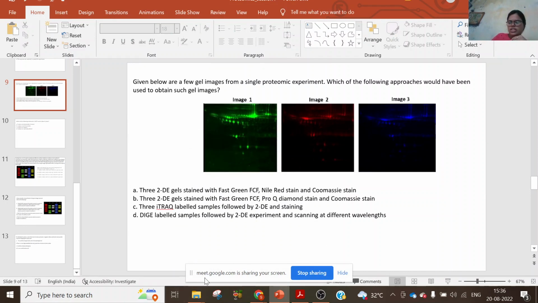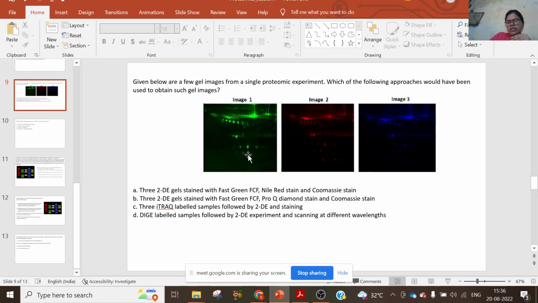So, unfortunately, I had forgotten to remove the correct options. You can see there are three different images from a single proteomic experiment. The correct option is option 4, DIGE-labeled samples followed by a 2D experiment and scanning at different wavelengths. Generally, Cy2, Cy3, and Cy5 dyes are used for the DIGE labeling, and all these three dyes have different excitation and emission wavelengths.